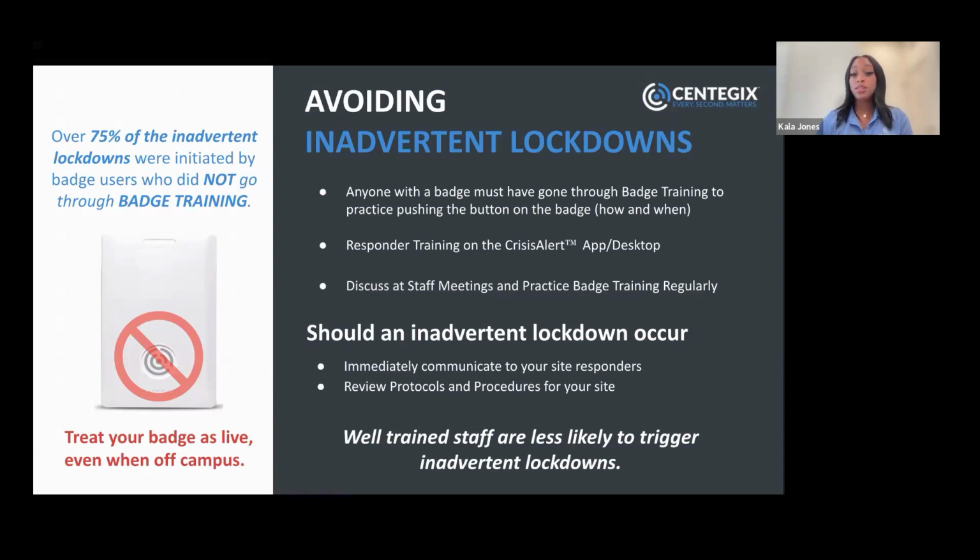Should an inadvertent lockdown occur, we want to immediately communicate with site responders and then review protocols and procedures for your site. Lastly, well-trained staff are less likely to trigger inadvertent lockdowns. The biggest thing is making sure your staff has thoroughly gone through badge training and knows how to activate the badge and how the system works.